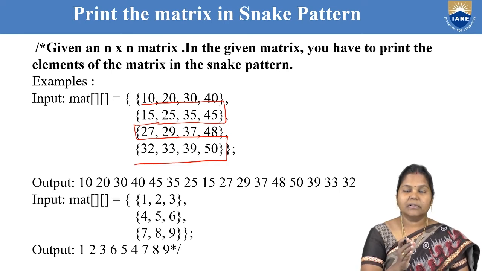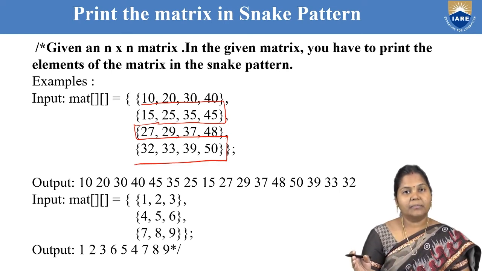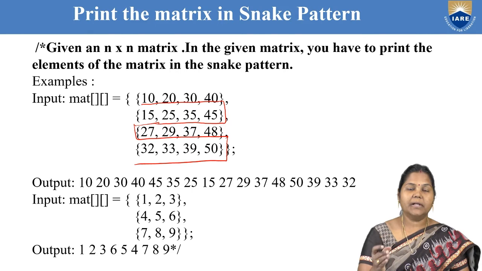First the 0th row will be printed from left to right, whereas the first row will be printed from right to left. If you understand the problem, you will find that if the row is even, then the elements are printed from left to right, whereas if the row is odd, then the elements are printed from right to left.